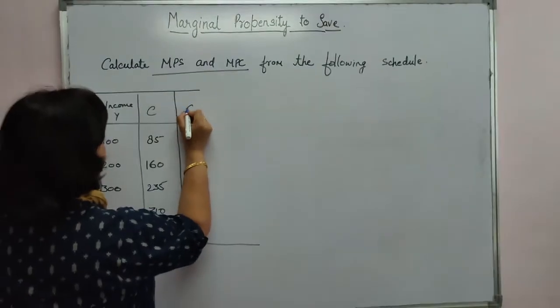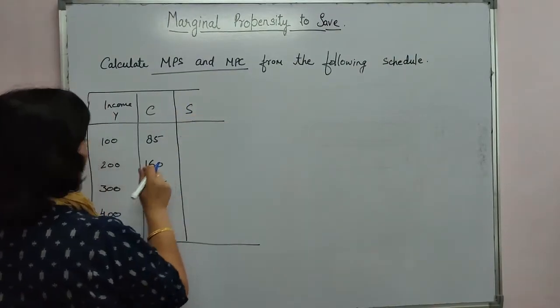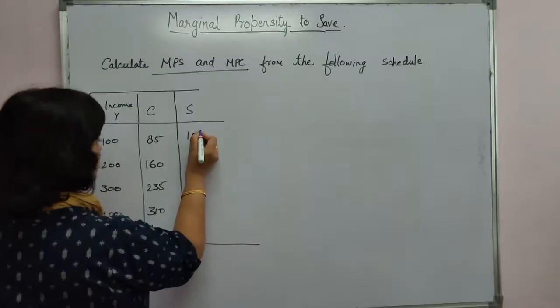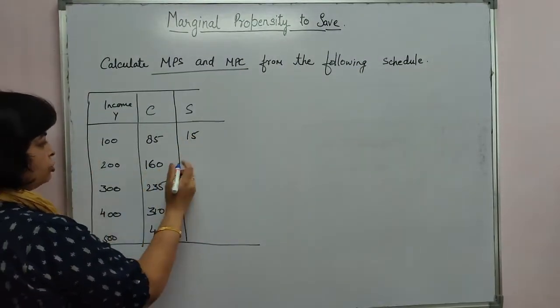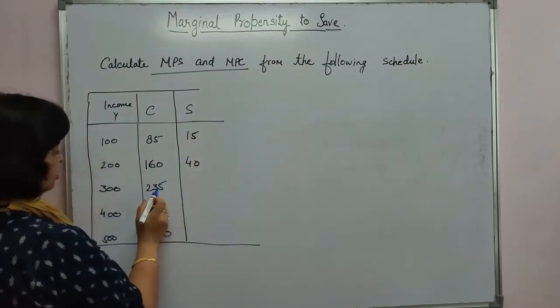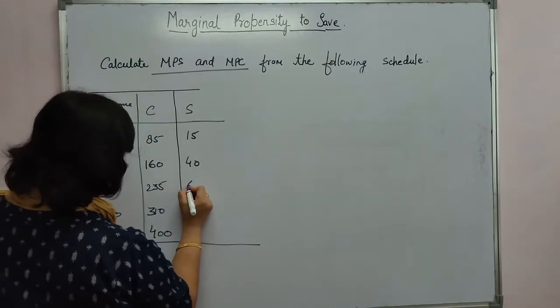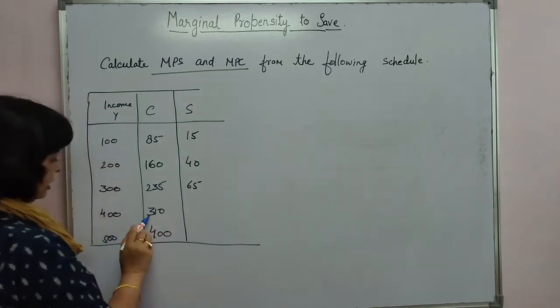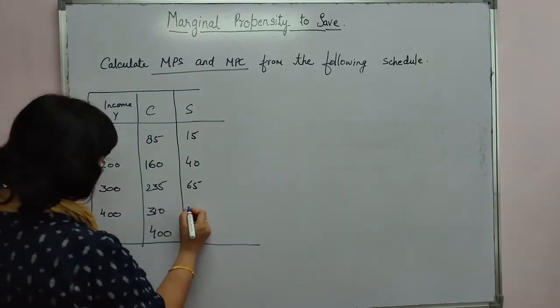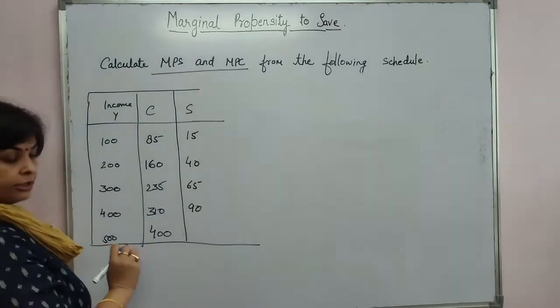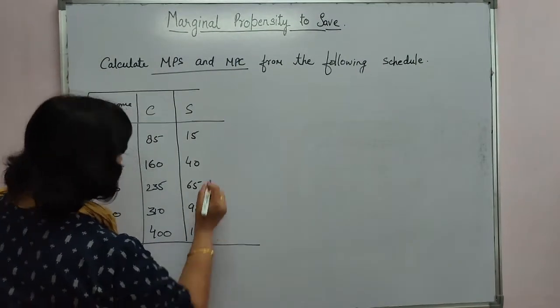First of all, we will calculate the value of S also. 100 minus 85 is equal to 15. 200 minus 160 is 40. 300 minus 235 is equal to 65. 400 minus 310 is equal to 90, and 500 minus 400 is equal to 100.